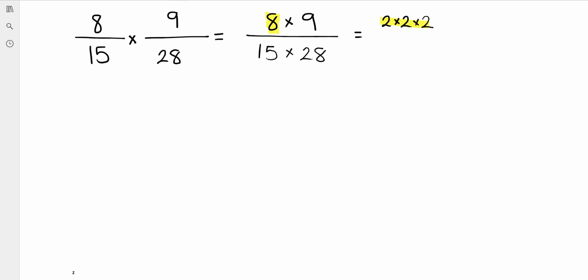And I know that I can write 9 as 3 times 3. Why am I putting this multiplication sign in the middle of these 2's and these 3 times 3? Because I'm multiplying those ones. Okay. What do I have in the bottom? My denominator. I have that 15 can be written as 3 times 5.